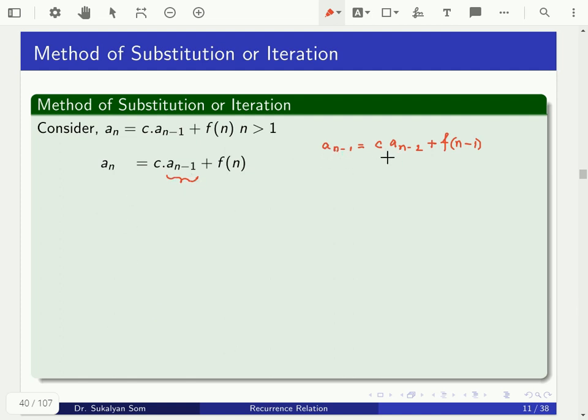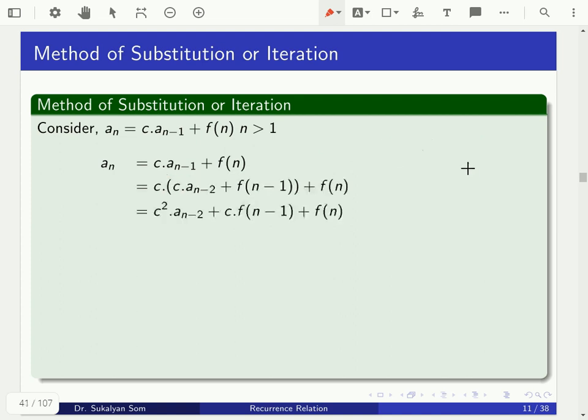Now again, we substitute this a_(n-2) with its previous term a_(n-3), and to do so we find the value of a_(n-2) from the given recurrence relation.